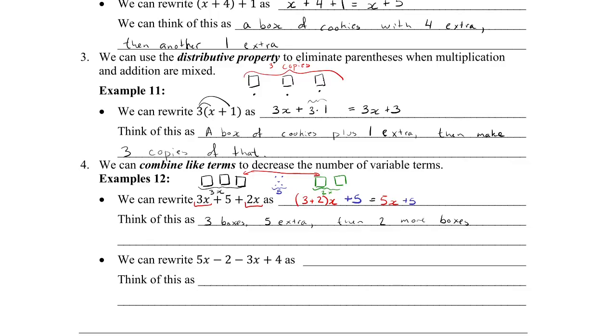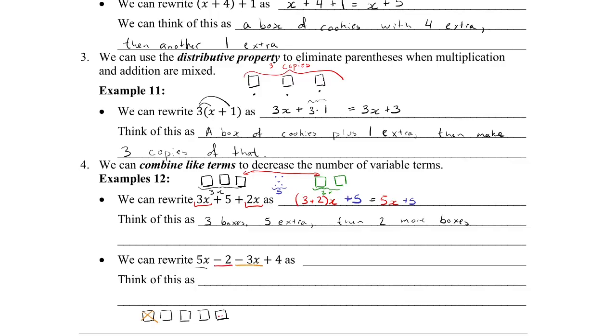So we have our 5 boxes of cookies to start with, right? That's our first term, 5x. And then minus 2. So I'm going to take away 2 cookies from one of my boxes, and I'm just going to represent that with some dots inside. Then I've got minus 3x.